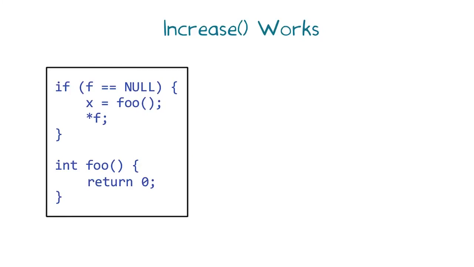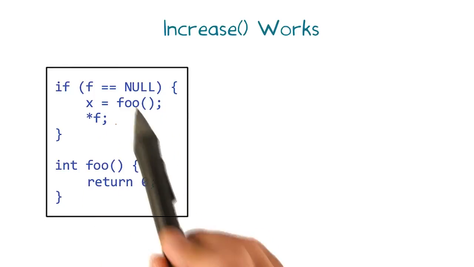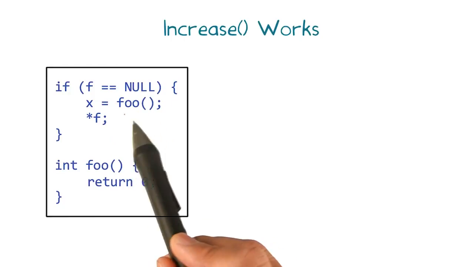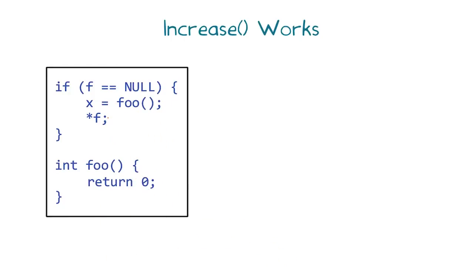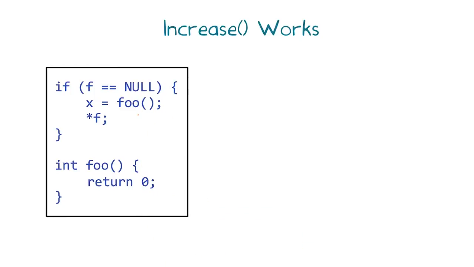Let's revisit our earlier example and work out the increase values. Recall that this example has two predicates, f equals null and x equals 0, and only f equals null is a predictor of run failure, whereas x equals 0 is an innocent bystander. But these two predicates are indistinguishable based on their failure values alone, since they both are observed to be true on all failing runs of the program.